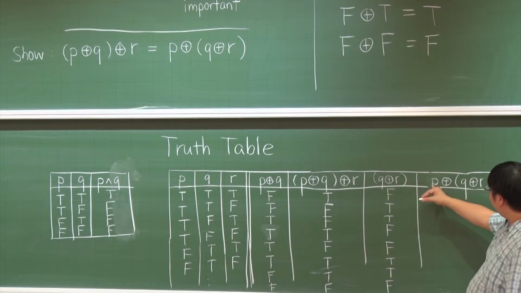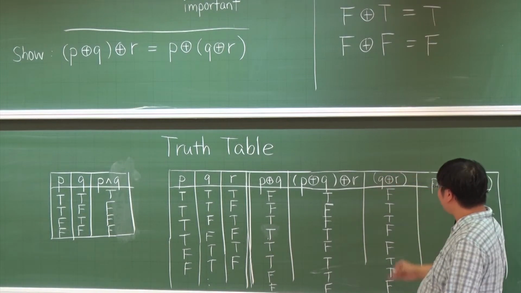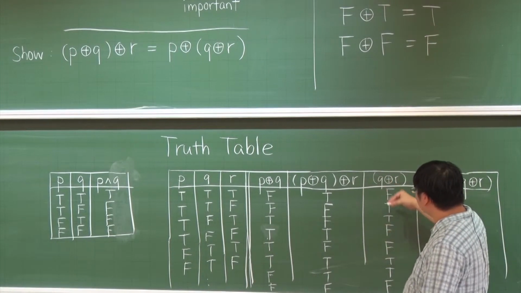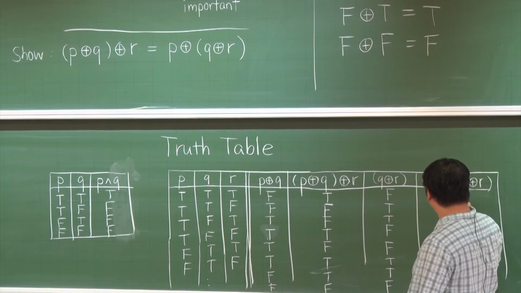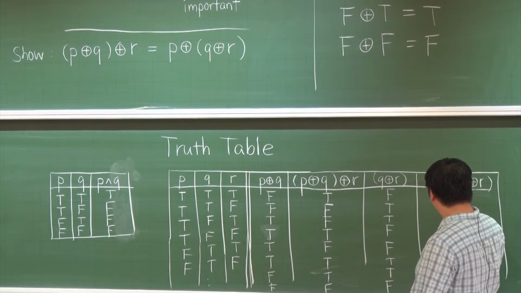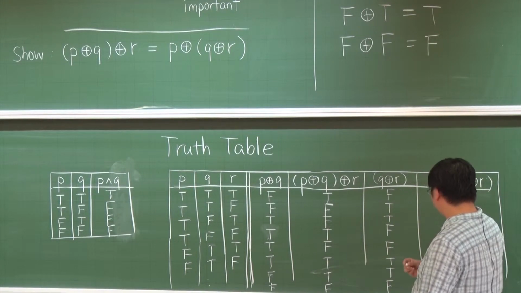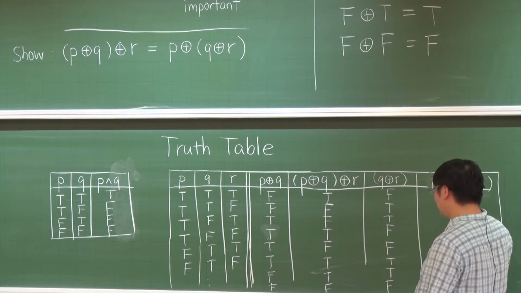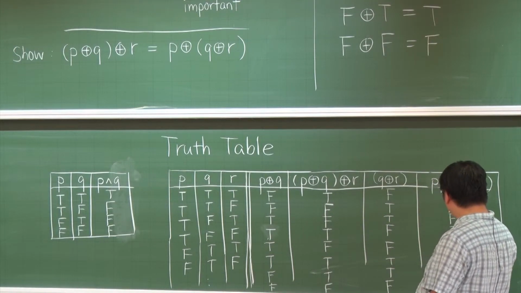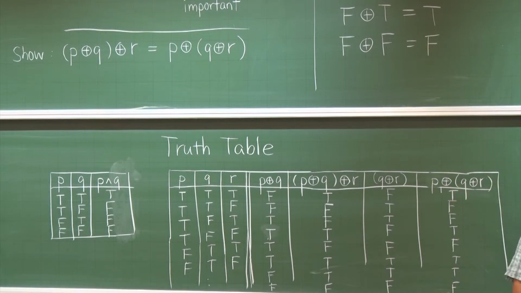And finally, we have P exclusive or this Q or R. So P in the first case, they are all true, so it will be true, false, false, true, and then false, true, true, false, something like this. Is it okay?